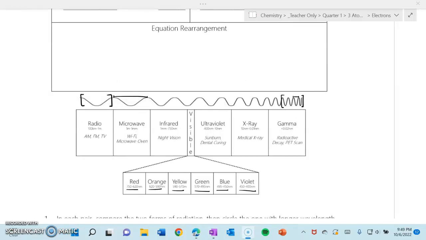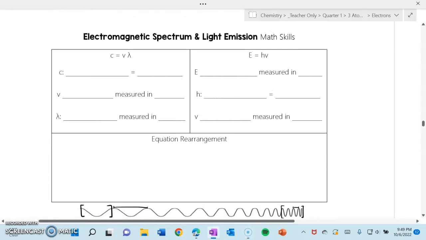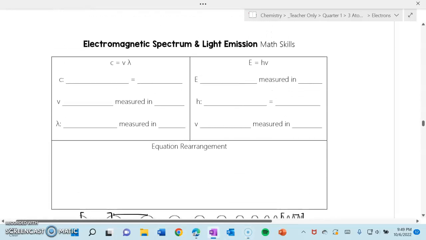Okay, so we've just finished talking about the qualitative aspect of frequency and wavelength. Let's now take a look at the quantitative aspect, looking at these two different equations. The electromagnetic spectrum and all of its different forms of radiation are actually light.